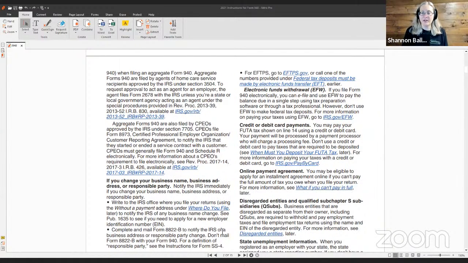For more information on paying your taxes with a credit or debit card, go to irs.gov/pay by card. Online payment agreement. You may be eligible to apply for an installment agreement online if you can't pay the full amount of your tax that you owe when you file your return. For more information, see What If I Can't Pay in Full later.